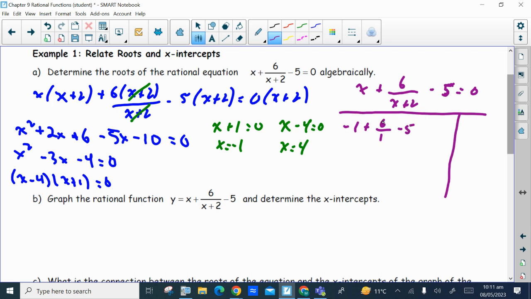Negative 1 plus 6 is 5. 5 - 5 = 0. So that one works. Checking positive 4. So when x is 4, the denominator 4 + 2 will be 6. The numerator is 4 + 6, which is 10, and 10 over 6... Take away 5, which is also 0. So they both check. Right? Both solutions work.